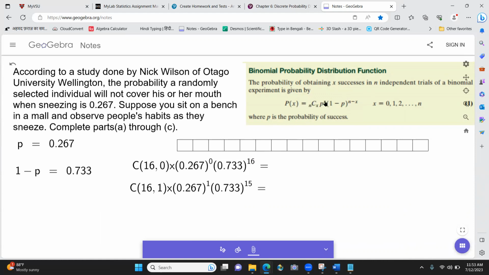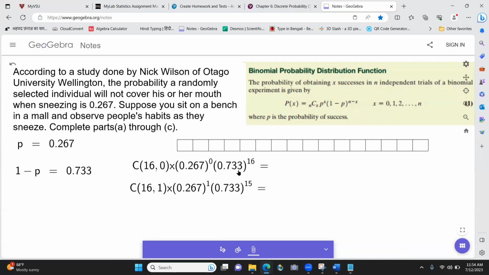If this is zero, this is zero, and minus zero is 16. So when x is one, this becomes 16 choose one. This power to the power one, this x, and the power is n minus x, which is 16 minus 1 is 15. So take advantage of the calculator and remember this formula.